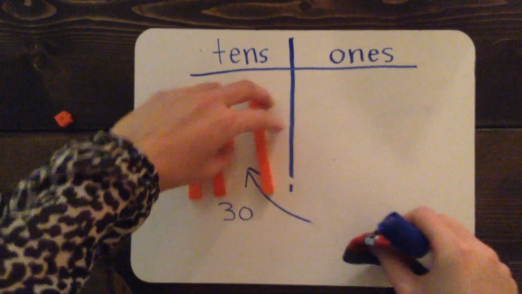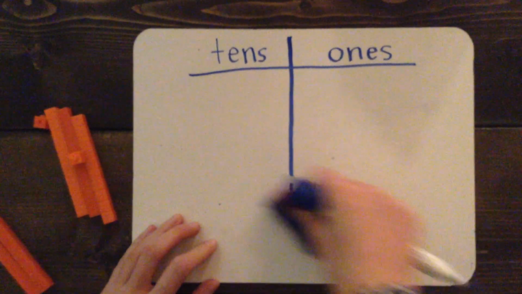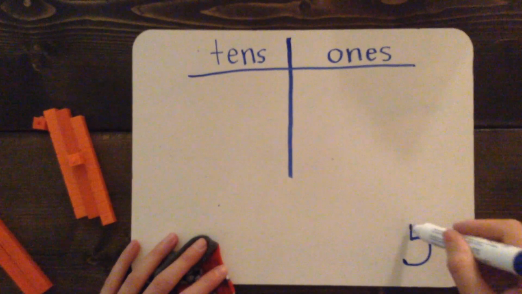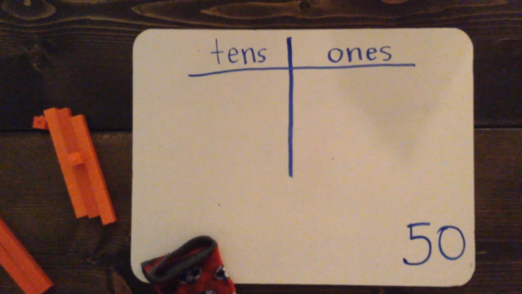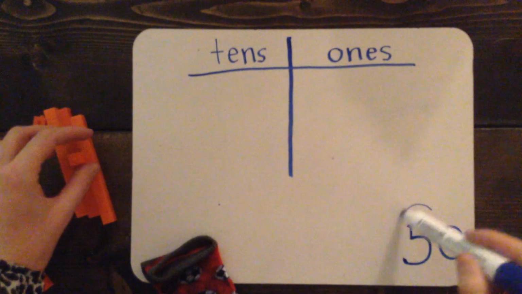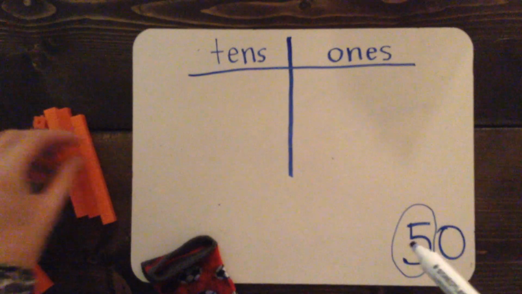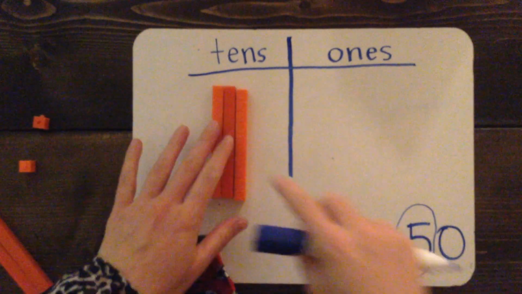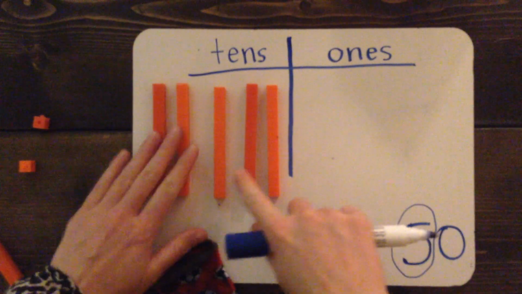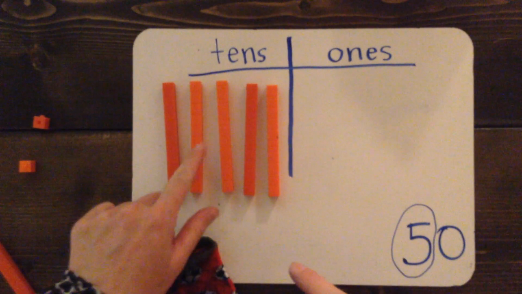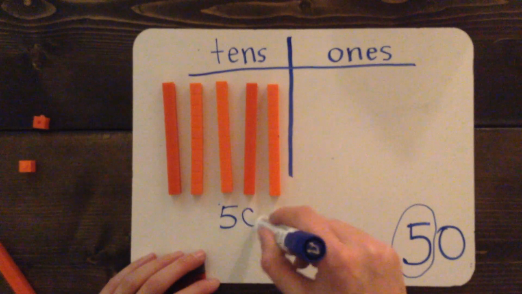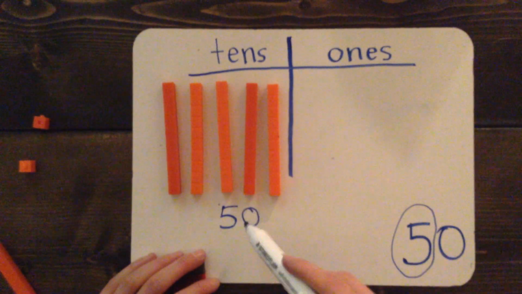Let's do another one. We'll build the number 50. To build the number 50, first you need to pay attention to how many groups of 10. 5 groups of 10. 5 groups of 10 does not mean 5. 5 groups of 10, well, let's count them. 10, 20, 30, 40, 50. 5 groups of 10 means 50.